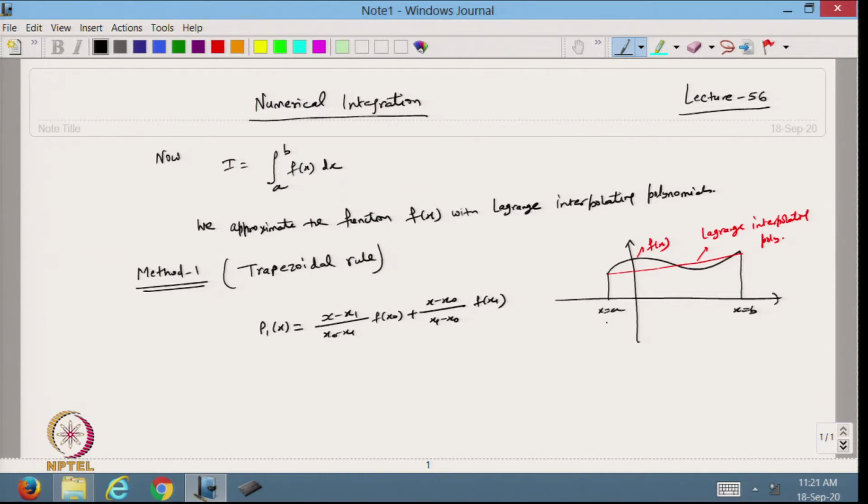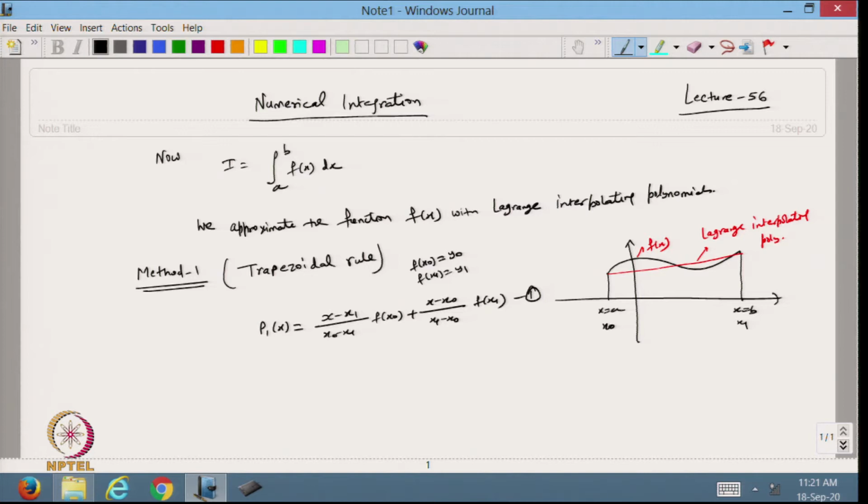I call this value x0 and this value x1, so I have only two values. Now, f(x0) can be written as y0 and f(x1) as y1. This is the linear Lagrange interpolating polynomial for the given function.